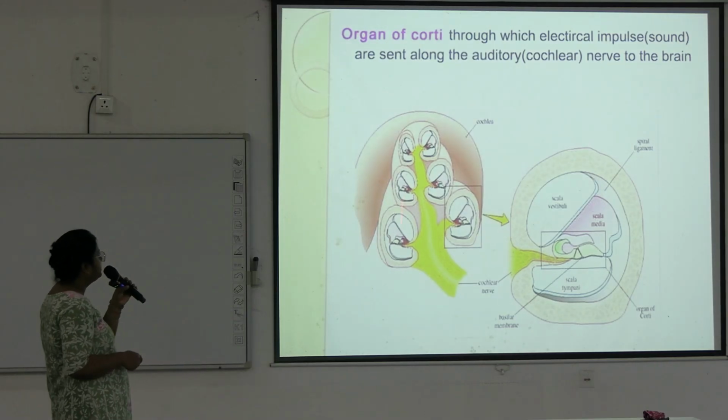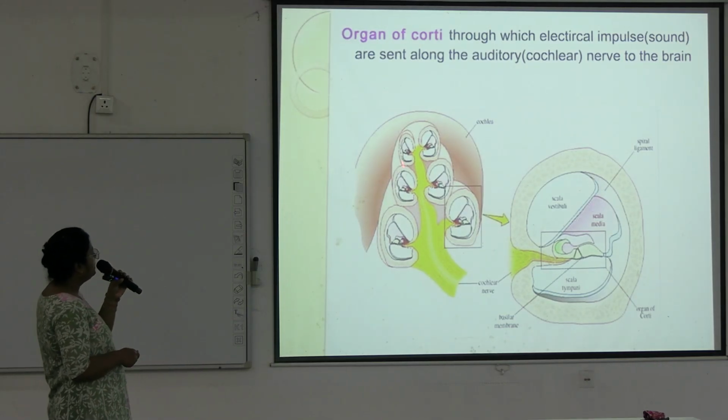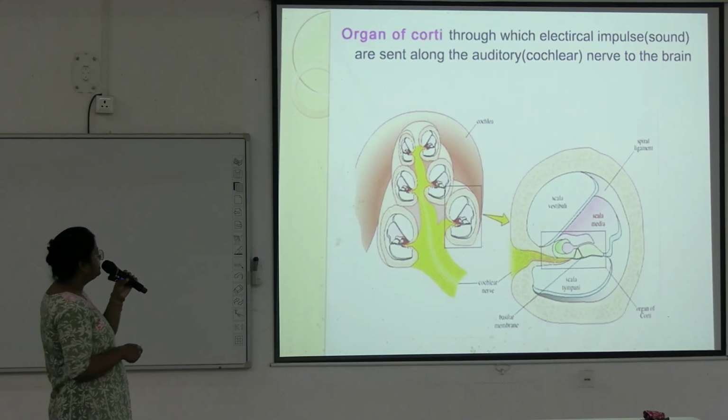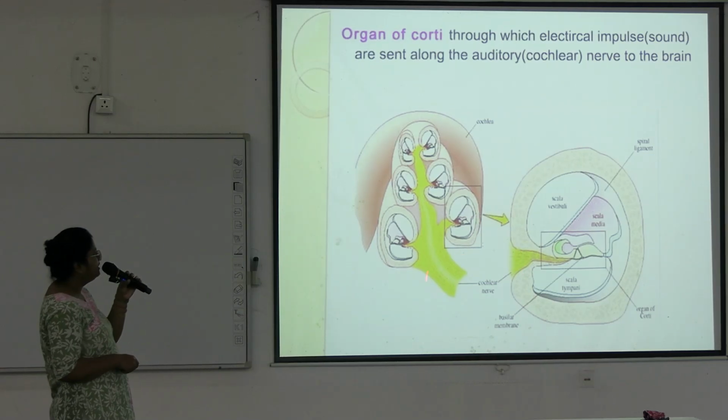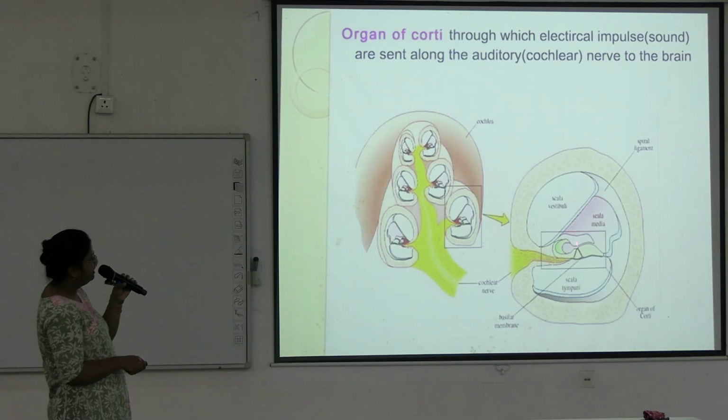This is also a section, and from the scala media you can see there are nerves. Afferent nerves are arising, which carry the sound via the cochlear nerve up to the brain. Okay, here from the inner hair cells, this cochlear nerve is arising.